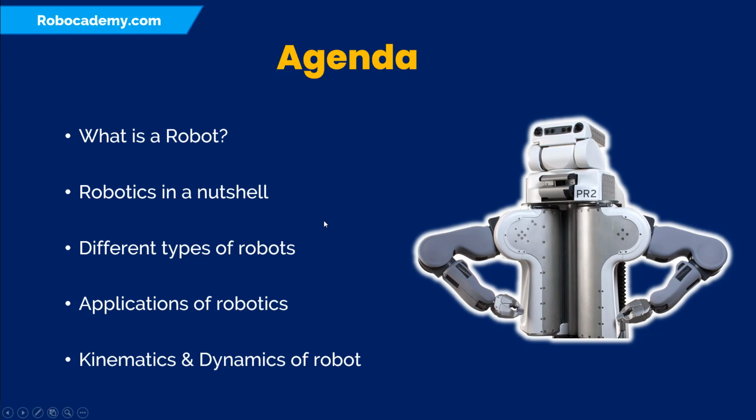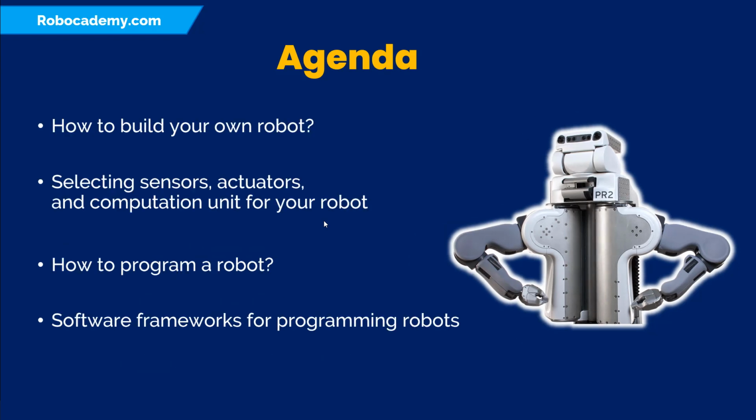Okay. So today we will be starting with what is a robot, which we already saw last class. Then we will jump into robotics in a nutshell, then different kinds of robots, then different applications, then kinematics and dynamics.